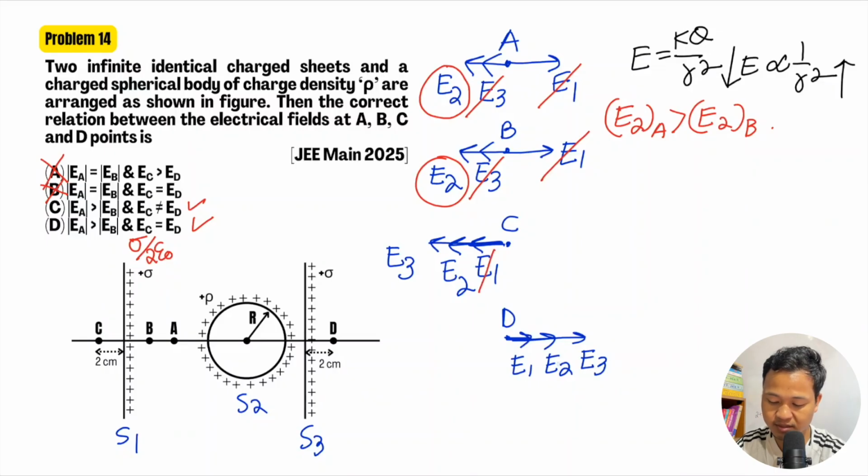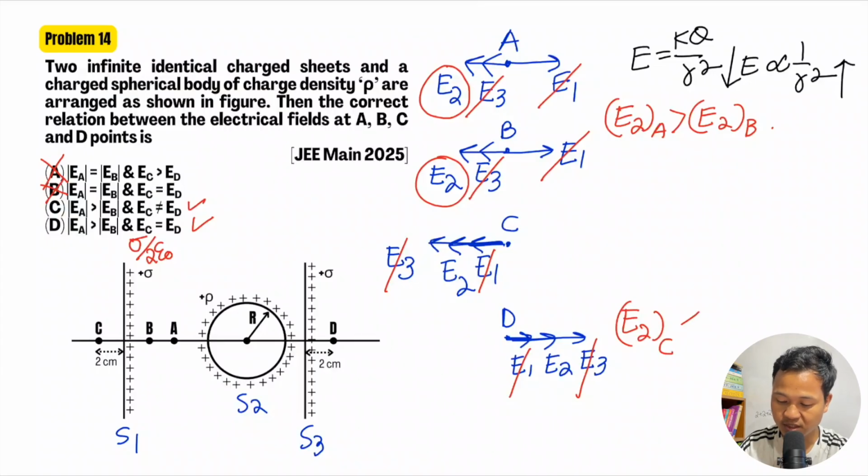So spherical shell. So D is closer. So D is closer and C is farther away. This is also required. So the electric field due to C should be less than the electric field due to D, as D is nearer to the sphere compared to C.